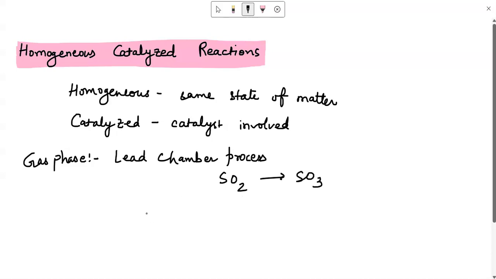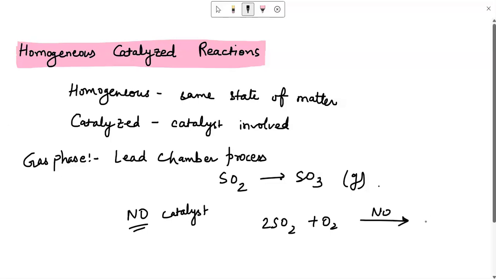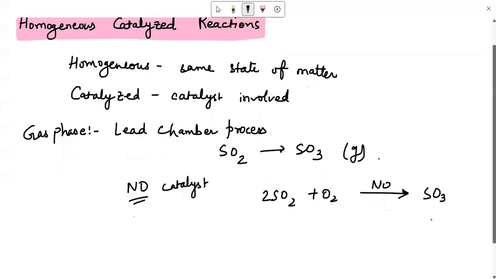Everything is in the gaseous state, and we require one catalyst, NO, nitric oxide. So the reaction becomes 2SO2 plus O2 gives SO3 in the presence of NO. This is one gas phase example of homogeneous catalyzed reactions. Everything is in the gaseous phase.